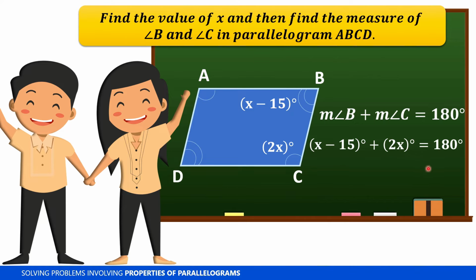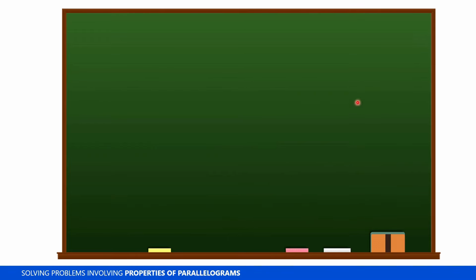To solve the problem, let's just consider x minus 15 plus 2x is equal to 180, because we have to solve for x first. So let's solve for x using the equation x minus 15 plus 2x is equal to 180.